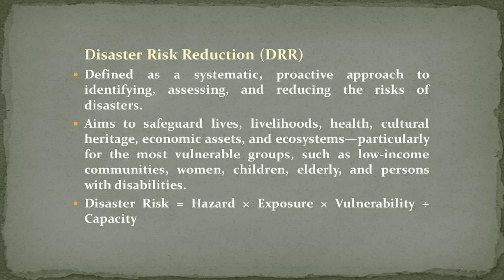At its core is a simple yet powerful equation. That is, disaster risk is equal to hazard into exposure into vulnerability, the whole thing divided by capacity. That is, DR equals hazard times exposure times vulnerability, divided by capacity.